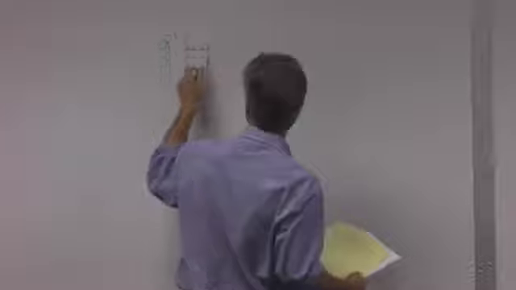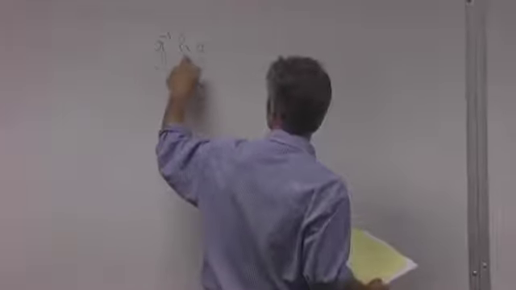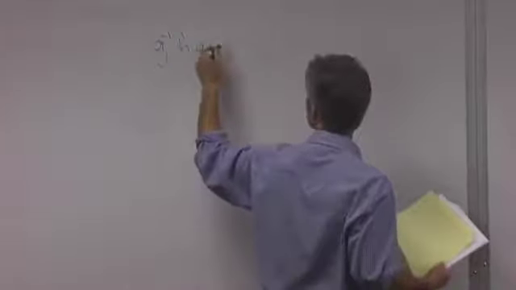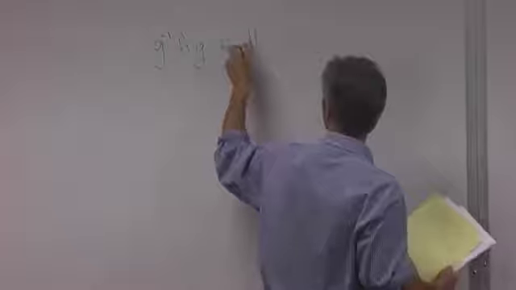The big problem that seemed to challenge people was this one about, show that if you have this condition, the condition that for each element in the group and each element in the subgroup, if you compute G inverse HG for any element G in the group and for any element H in the subgroup, that this winds up back in H. So that's the hypothesis.